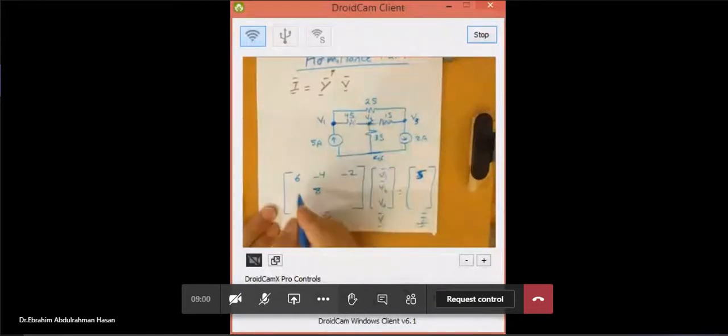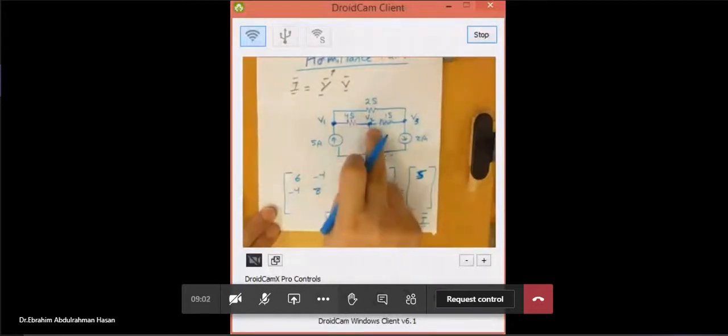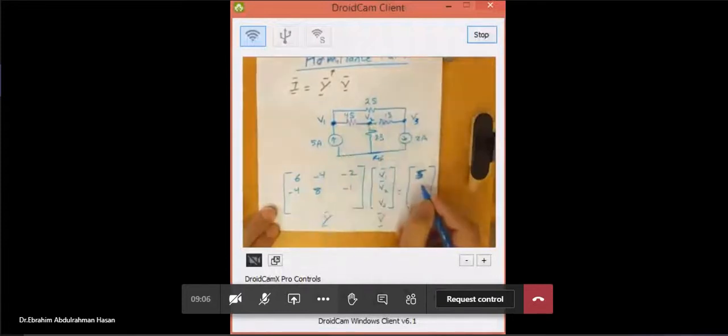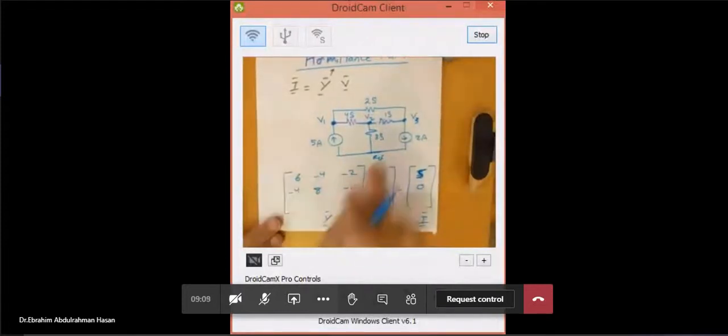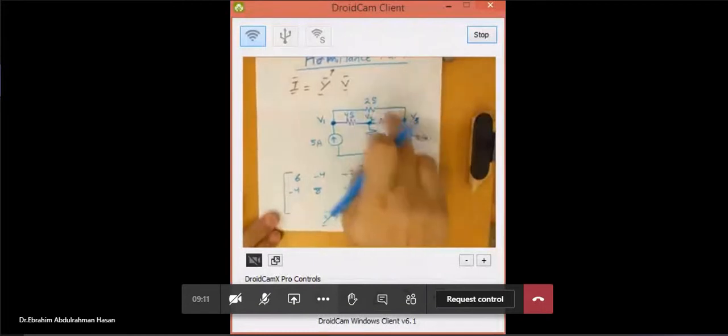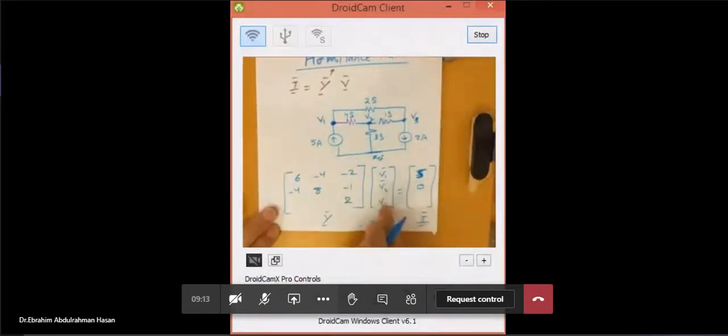Common with 1, minus 4, common with 3, minus 1, equal to, we don't have any current source, so it's equal to 0. Node number 3, we have this 2, so 2 multiplied by V3. Common with 1, minus 2. Common with 2, minus 1. And the current is leaving, so minus 2. So we just need to solve the simultaneous equations to find V1, V2, V3.